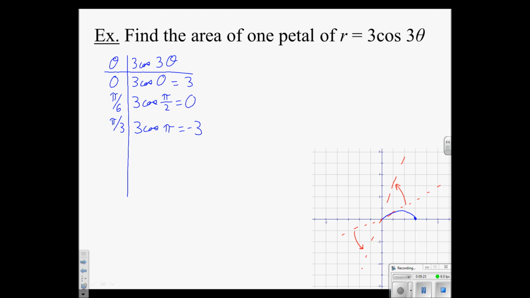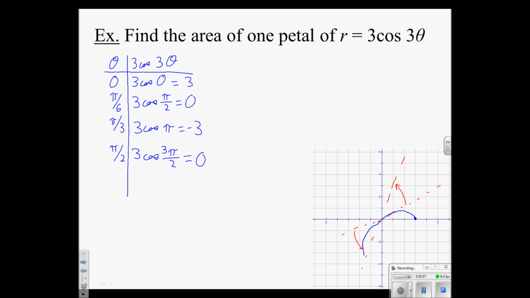So I'm going to go from a radius of 0 out to a radius of 3. And then I didn't work it out here, I guess I could here. When theta is, let's see, I want this to be 3 cosine. I want to get 3 pi over 2 inside. So I need a pi over 2 on the inside. So it goes back to 0.